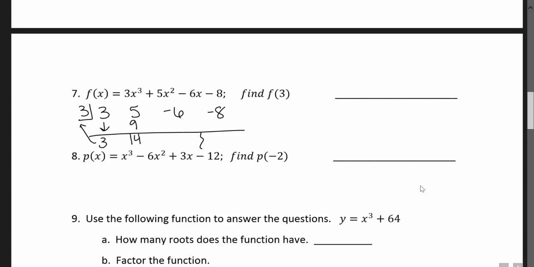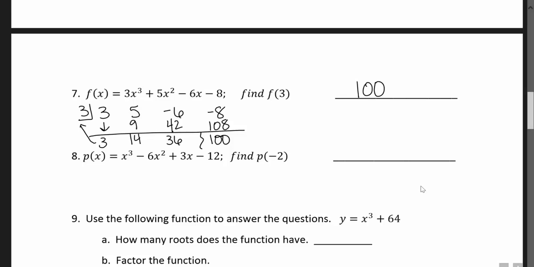When I multiply 14 and 3, I get 42. When I add that to negative 6, I get 36. Now when I multiply the 36 by 3, I get 108. And when I subtract 8, I get 100. So when I plug in 3, I get 100.